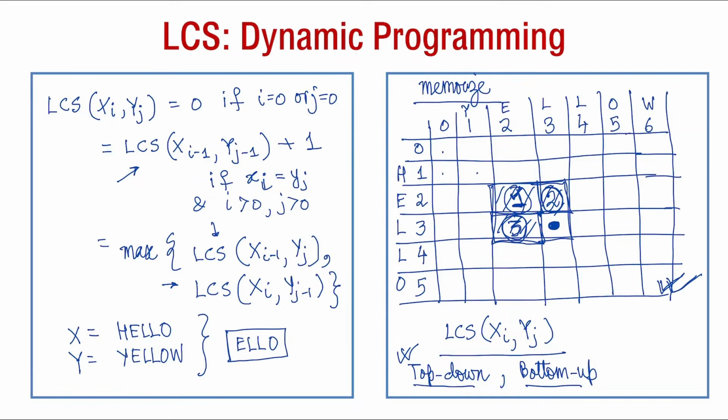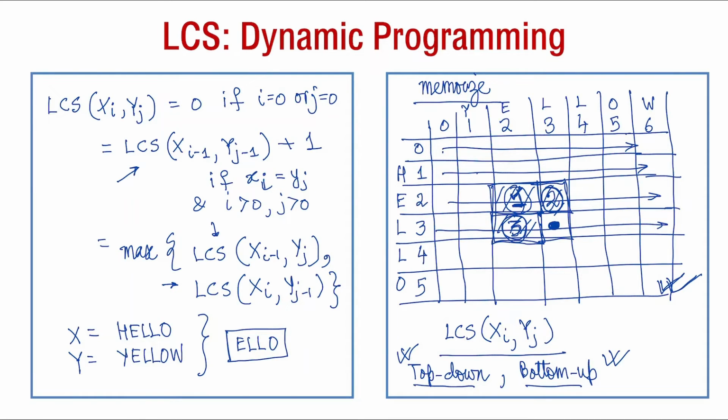So now in order to evaluate this, the top-down algorithm will be taken care of by the recursion. The bottom-up algorithm, I have to decide on the sequence in which I will do. So I could do it row-wise, I could do it column-wise. So I could do it this way. I could do this, then this, then this, then this.